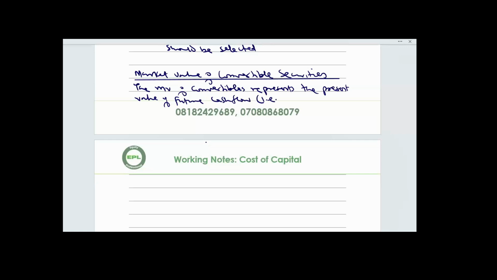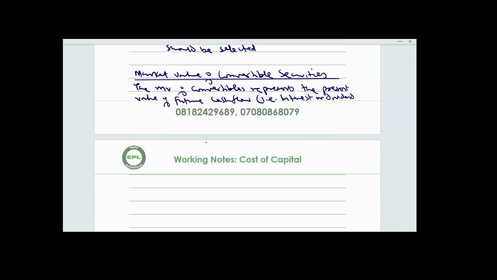That depends on whether it is debenture, loan notes, bonds, or preference share. So if it is debt, then the future cash flow will be the interest. If it is preference share, dividend. You know, the preference shareholders are entitled to fixed dividend.